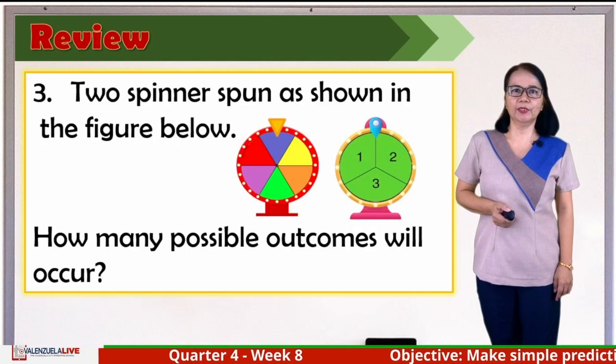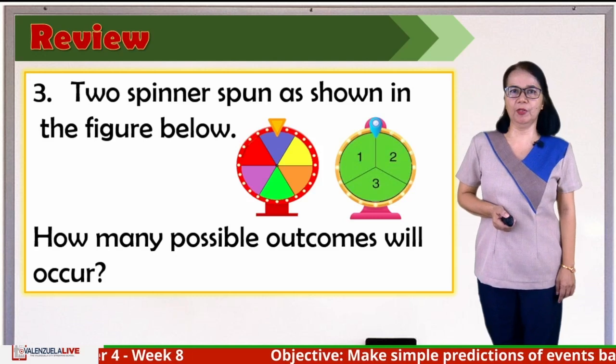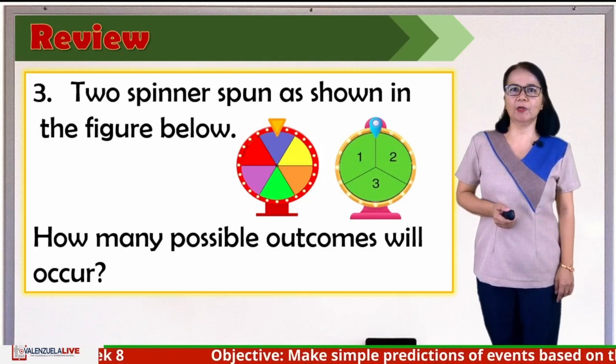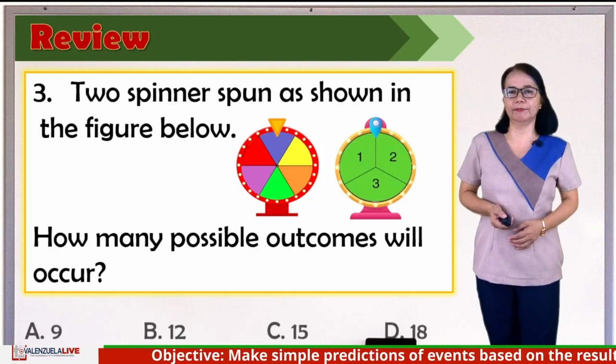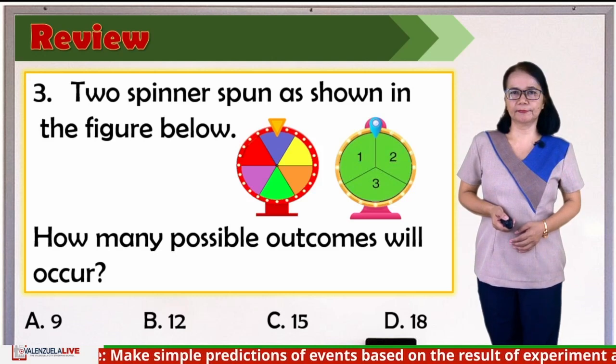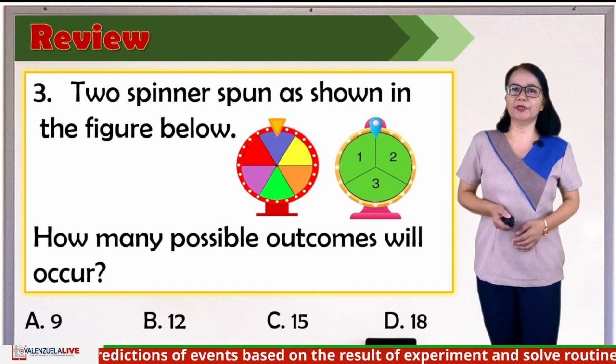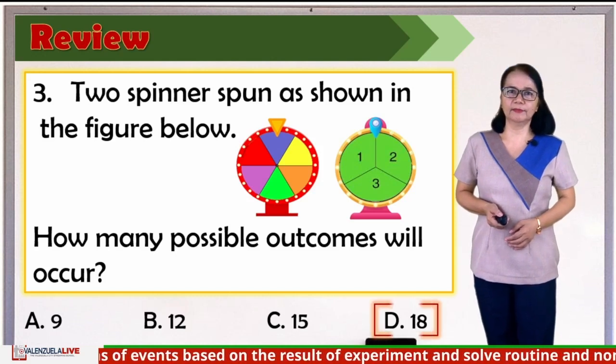Next number, 3, 2 spinners are spun as shown in the figure below. How many possible outcomes will occur? The correct answer is letter D, 18.